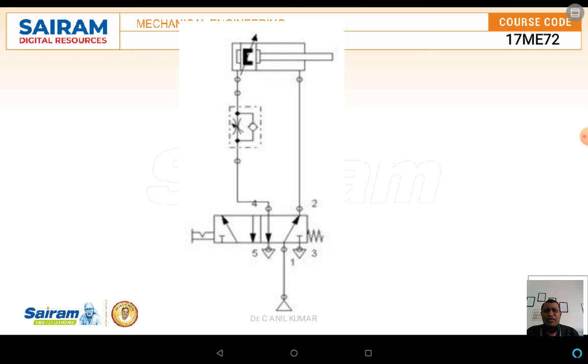Put together, it is nothing but a one-way flow control valve. That one-way flow control valve is placed at the inlet circuit. Once it is placed at the inlet circuit, the controlling can be done very easily. That's why it is called the supply air throttling.